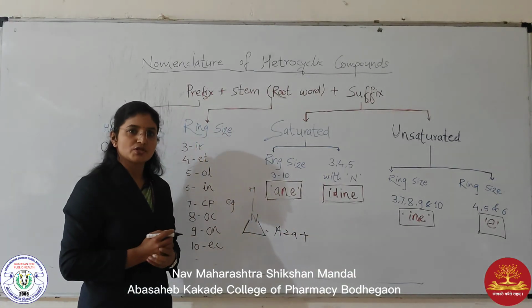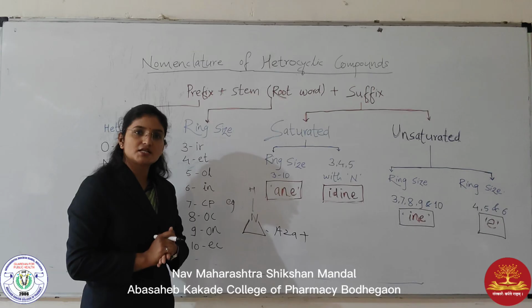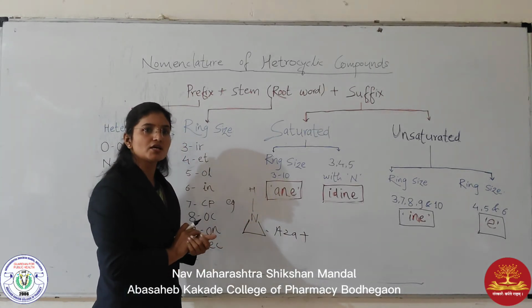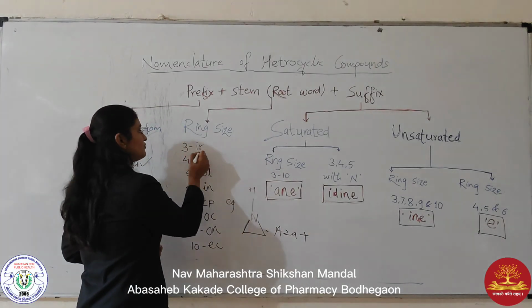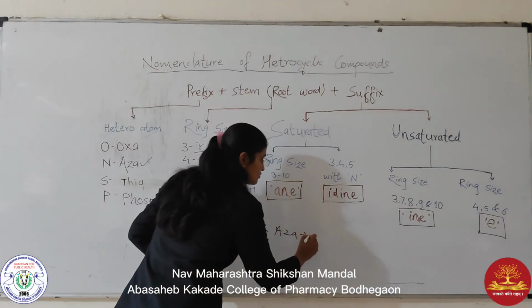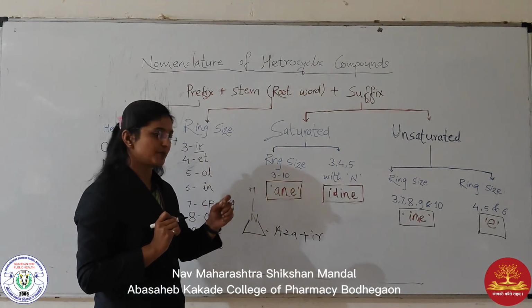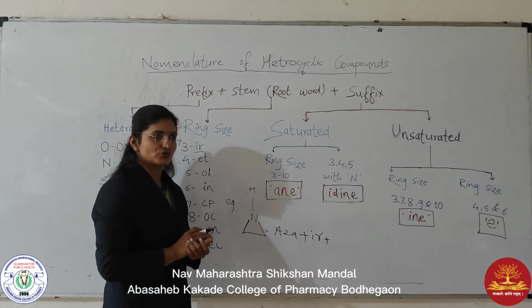Then the stem word, or root word, depends on how many members are present in your heterocyclic ring. You can see this is a 3-member ring, so your stem word will be ir. Write down here ir. The last one is the suffix, which depends on the saturation.